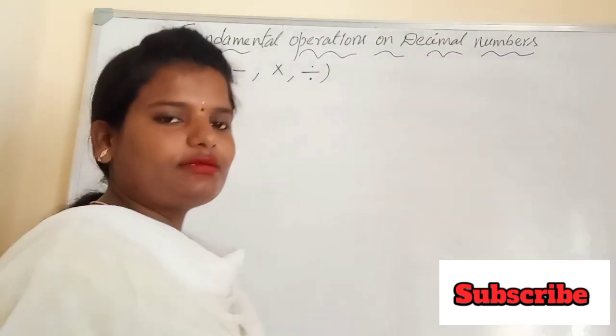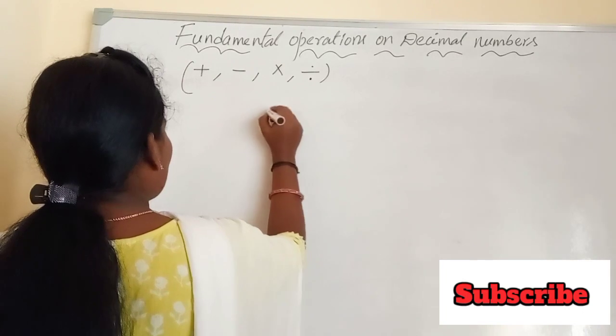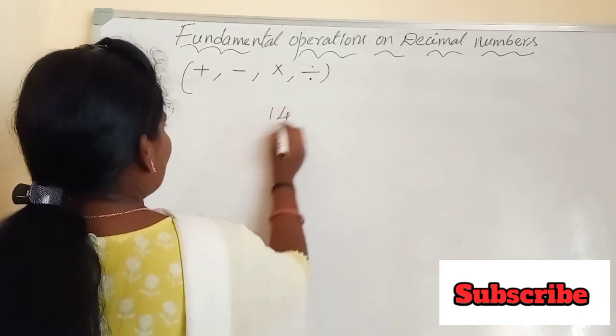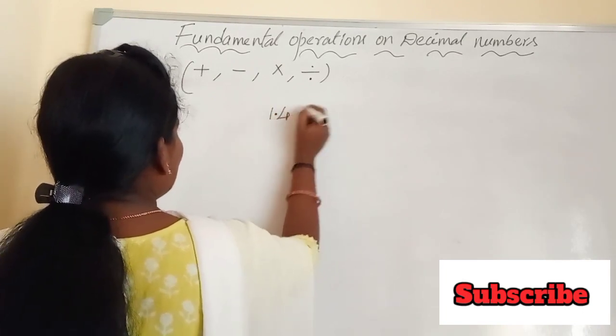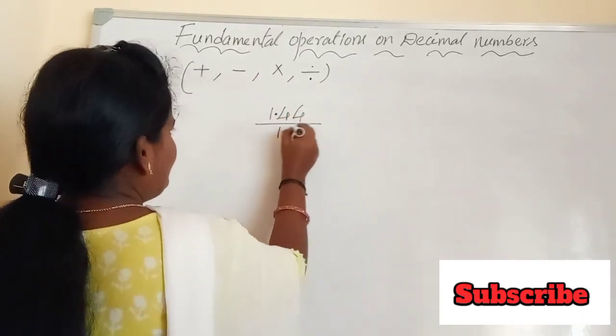We'll see another example of how to find it. So here, suppose 1.44 divided by 1.2.